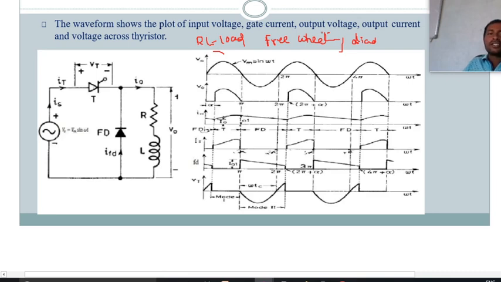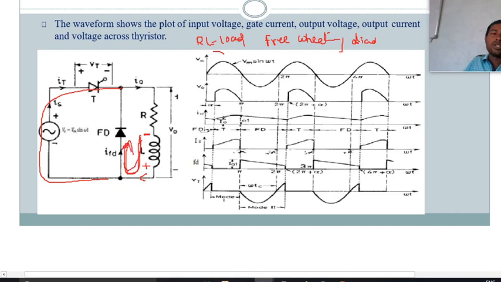Just remember this one point: whatever energy is stored in the inductor is released with this polarity, and current always chooses the low resistance path. So current cannot flow in this long and more resistive path.